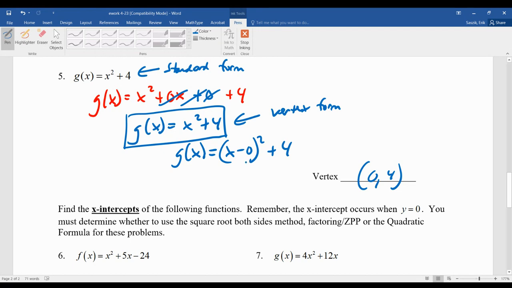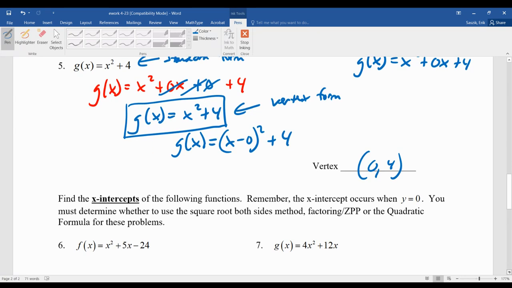But this is like the true vertex form, and the true standard form would have been g of x equals x squared plus 0x plus 4. You see, now that looks like standard form, that looks like vertex form, but we don't write that 0x. We don't write x minus 0. That's why they came out to be the same. So that is a little bit strange.